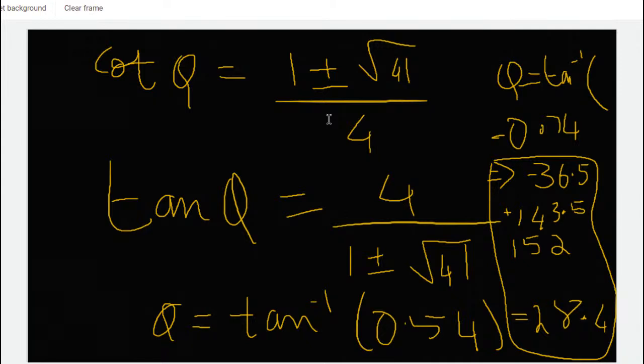Okay, I still don't understand this thing. Can you explain it to me? So we are looking for the particular angles which would give me this answer. I need to know CAST diagrams. If I'm getting this value of minus 36.5 degrees, the CAST diagram tells me that tan is negative in this quadrant and this quadrant.